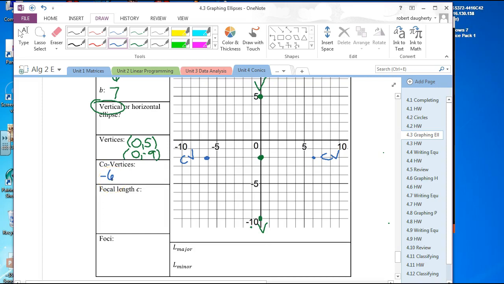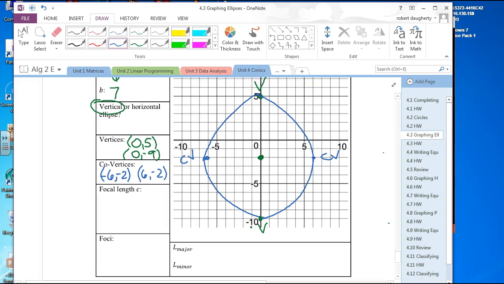It looks like (-6, -2), and then what? (6, -2). Those are the co-vertices. So at this point, I know enough to graph it. The only thing left to find would be the foci.